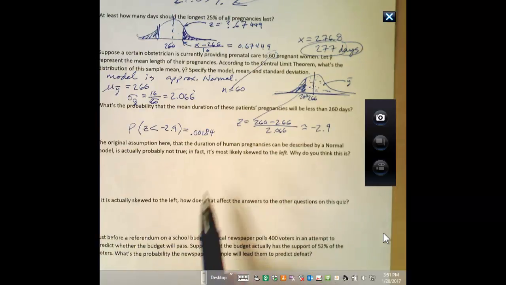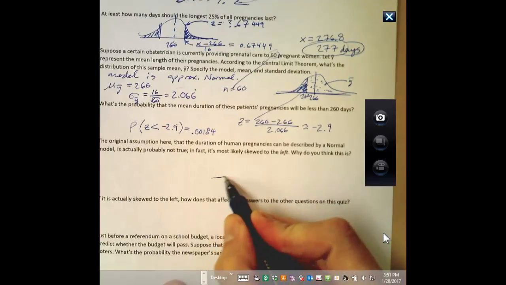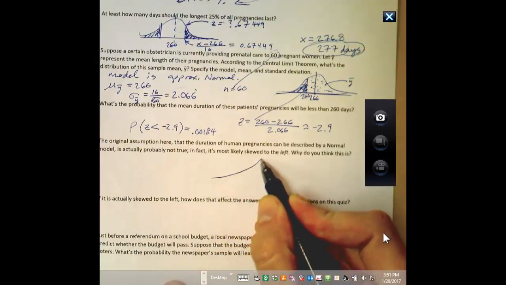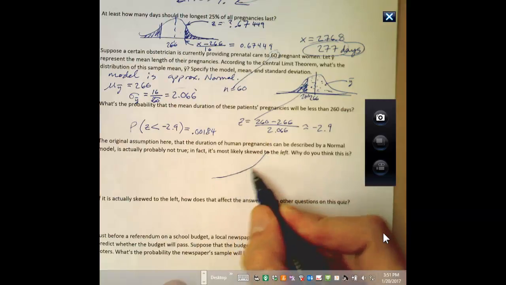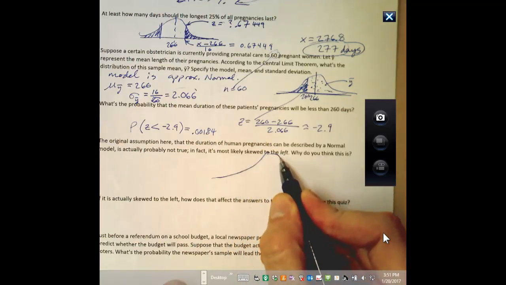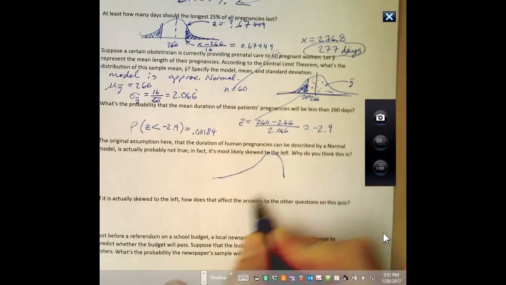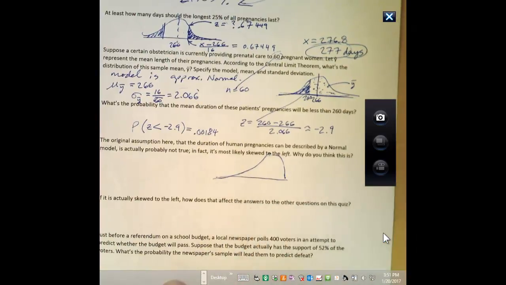In other words, maybe your baby is born 2 months early, but it's not going to be born 2 months late. So that means that you have this distribution that climbs probably steeper than that. I mean, it's unusual to have all these babies born so early, but definitely it's going to crash right after 9 months, and that's going to be a skew to the left.